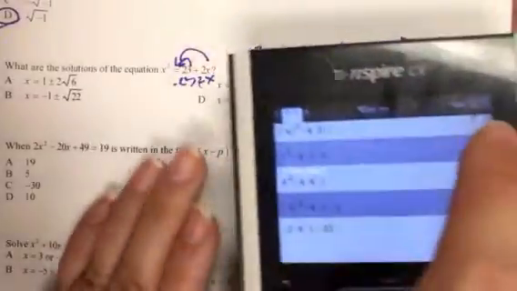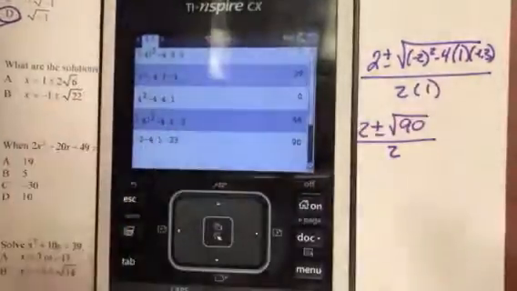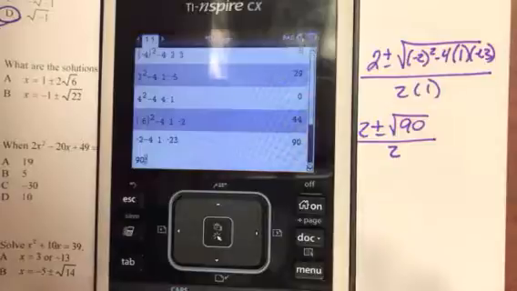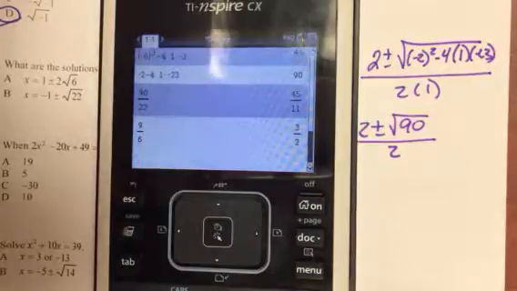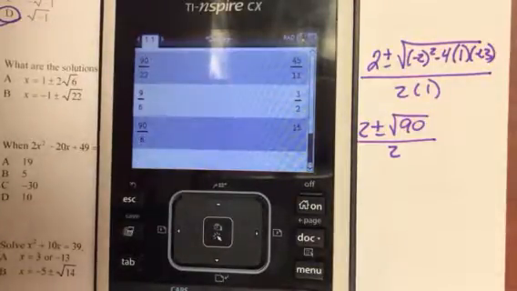Well, why don't I divide it by 22 and by 6 and see what happens? 90 divided by 22 is a fraction. 90 divided by 6 is 15. Well, 15 is not a perfect square.